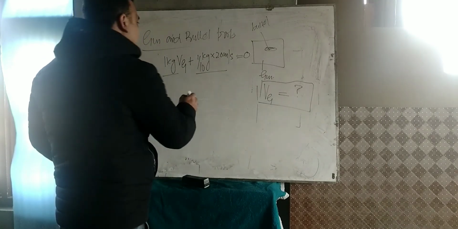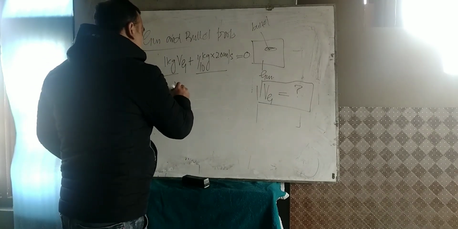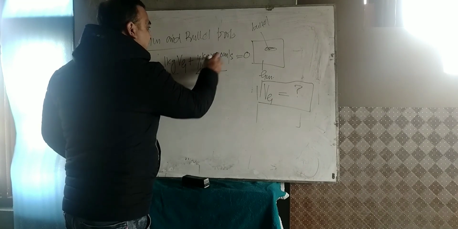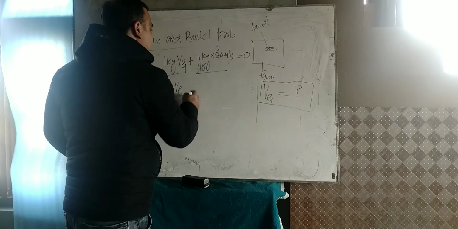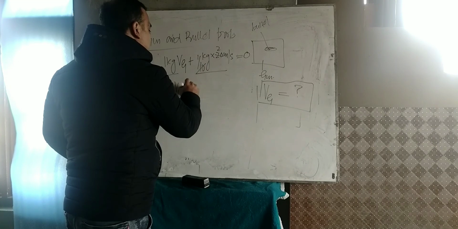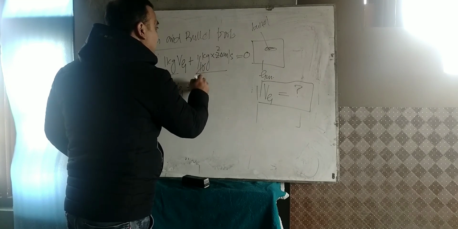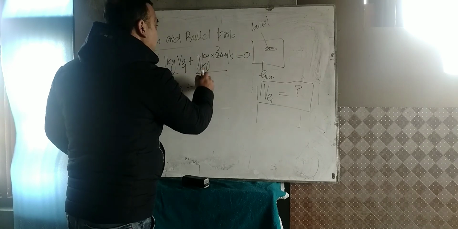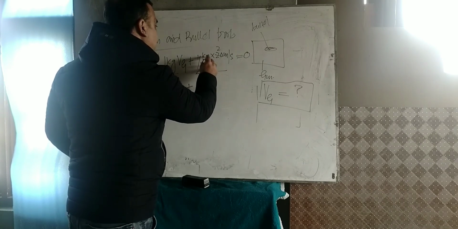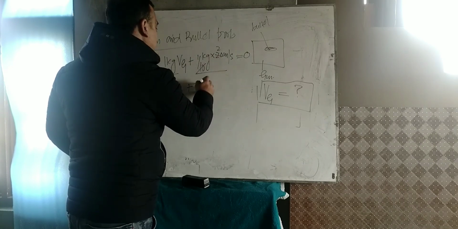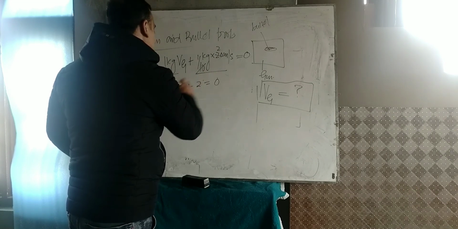Alright, so what are we going to get? Vg plus 2 is equal to 0.